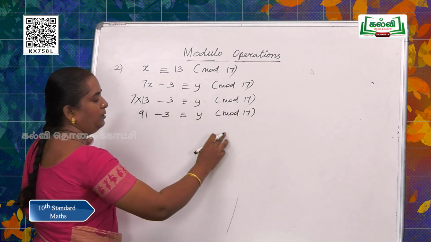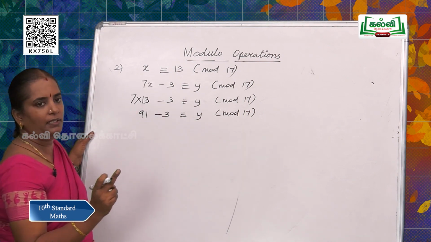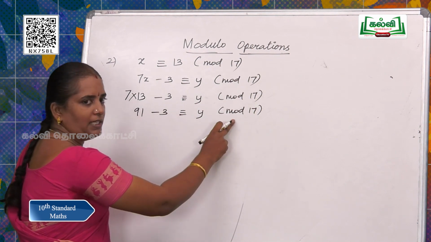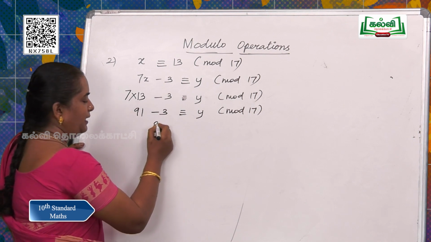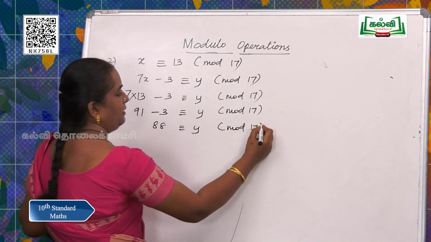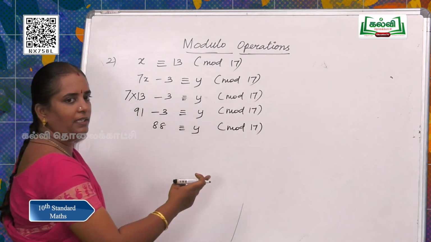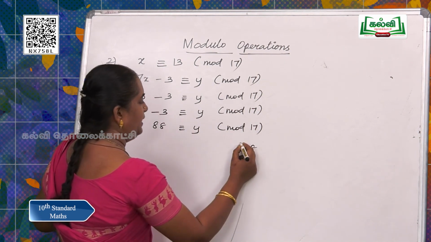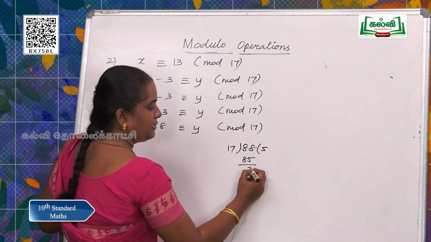You have to follow mod 17 till you remove the congruent sign. Keep that in mind. As long as you write this congruence, you have to write this modulo. So 91 minus 3 is 88, which is congruent to y mod 17. So what does it say? 88 on dividing by 17, what remainder does it give? 17 5s are 85, remainder is 3.